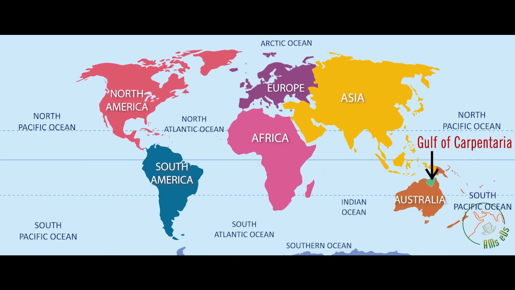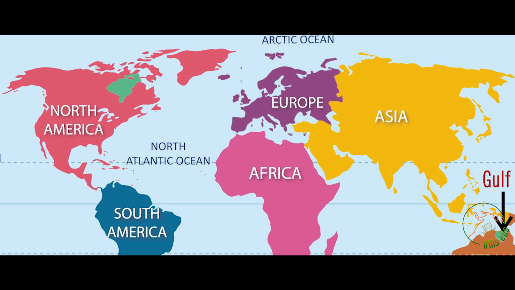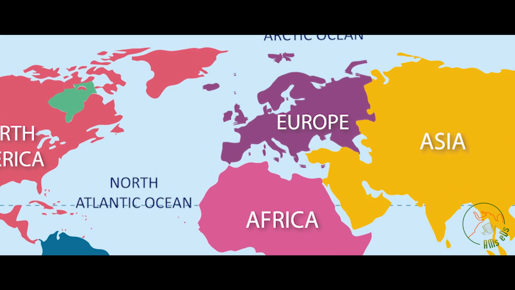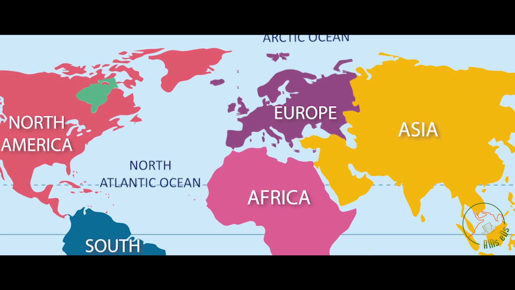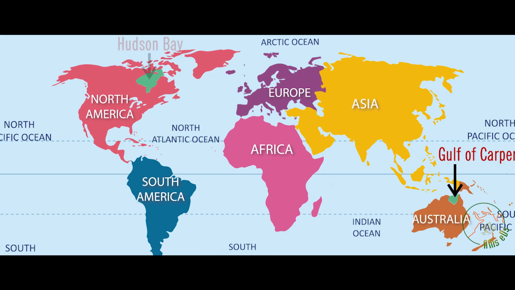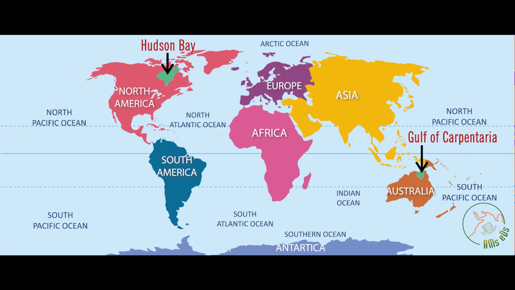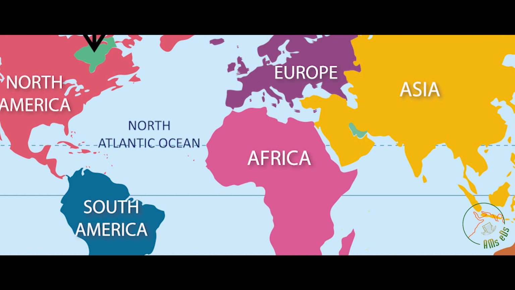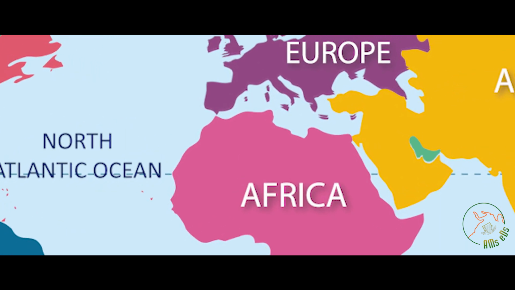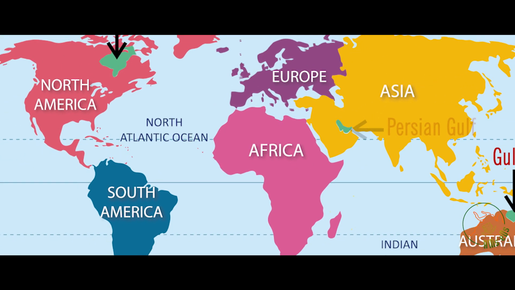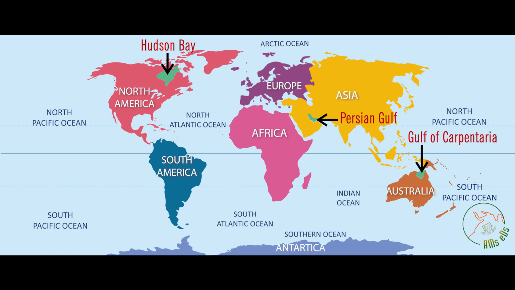The Hudson Bay is an inland sea indenting Canada in North America. Although it is categorized as a bay, it is actually a gulf as it is a very large bay. The Persian Gulf is a shallow, marginal sea in Western Asia, which is an extension of the Indian Ocean.